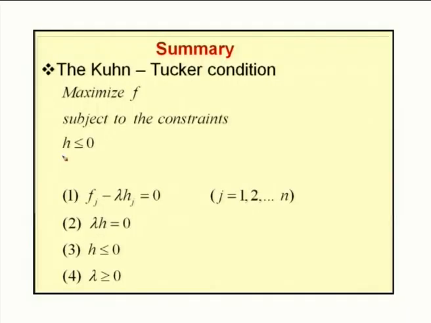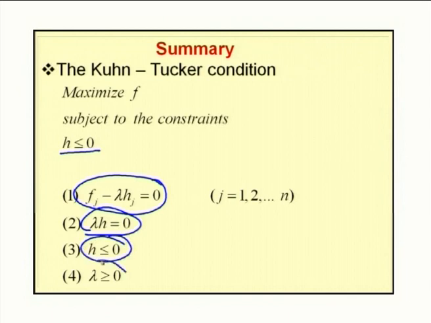If the objective function is maximum subject to the constraint h less than or equal to 0, then the corresponding Kuhn-Tucker condition is f_j minus lambda h_j equal to 0 and lambda h equal to 0, h less than or equal to 0, lambda greater than or equal to 0.